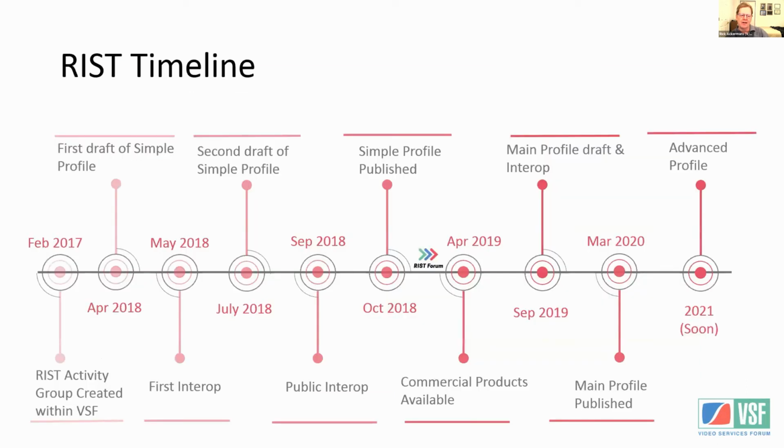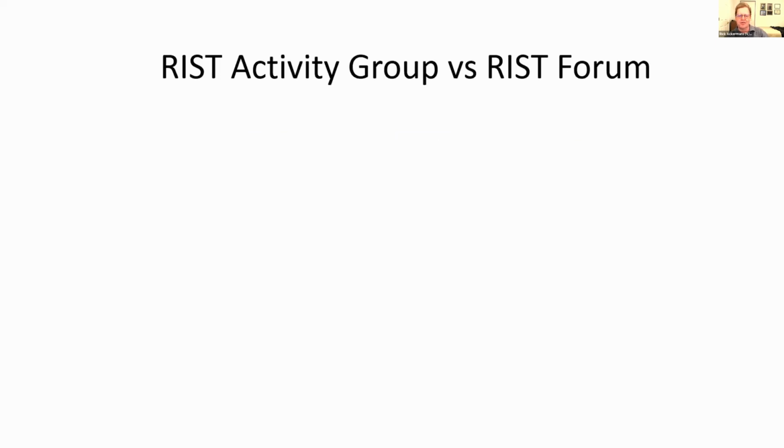The timeline of the work we've done, starting from February of 2017 through now, is shown here. I'll avoid reading it all out because I only have a few minutes left, and actually I was over when I started. But one of the things it brings up is that in late 2018 you'll see something called the RIST Forum. For those of you who are not familiar with it, it is the marketing entity separate from the Video Services Forum.